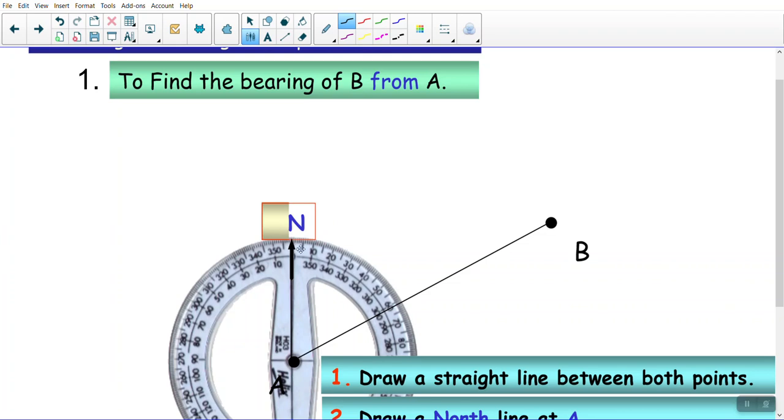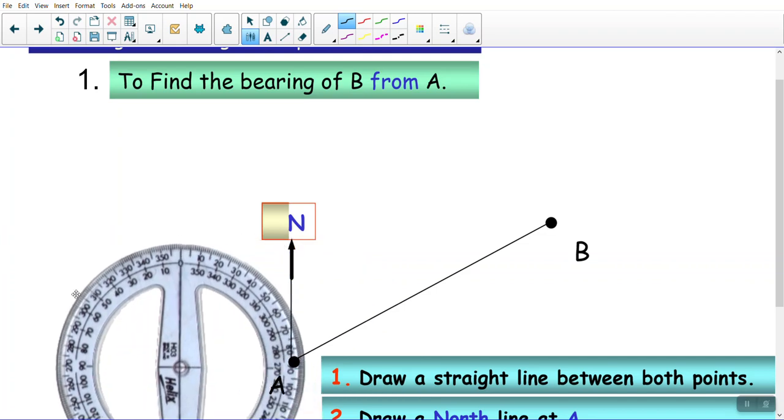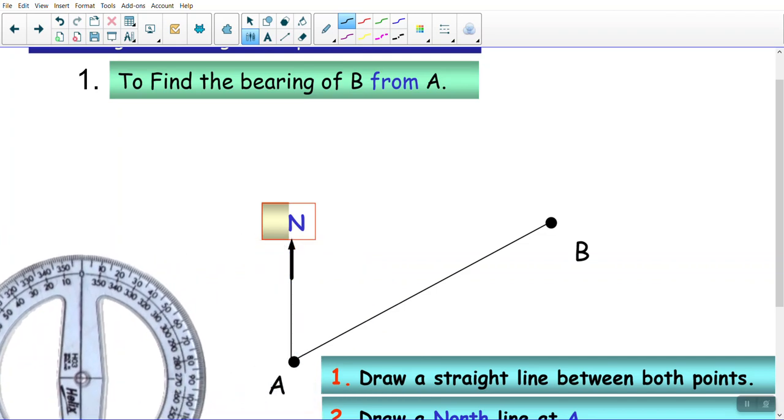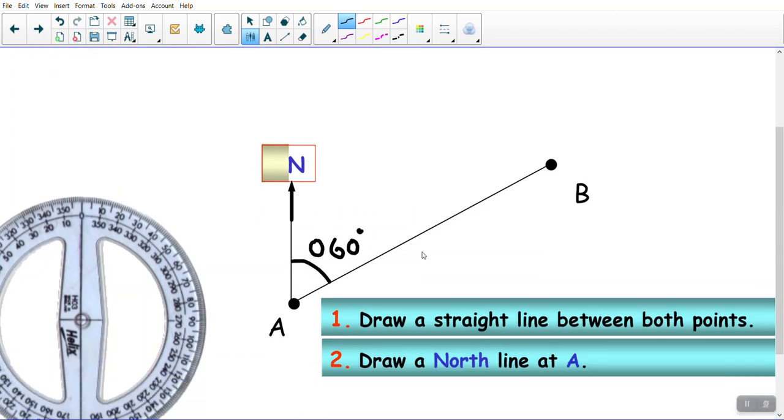The 0 is on the outside circle. So 10, 20, 30, 40, 50, 60. Hence we would write that the bearing of B from A is 060 degrees. So that's it for measuring the bearing of B from A. The point to remember is that you start from A, draw the north, take your protractor and measure the angle.